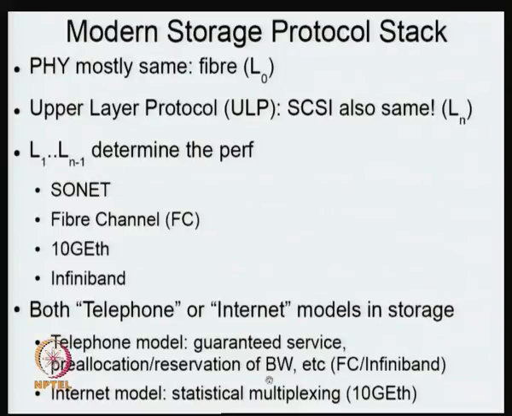Now in storage, it turns out that these things are quite important, guaranteed service and if possible bandwidth, etc. Because if you are trying to do, for example, backup and those kinds of things, they are heavy duty and you cannot really depend on statistical multiplexing to bail you out all the time. So it's very important for you to do this. That's why for a long time, Fibre Channel and those kinds of protocols have been reasonably predominant.